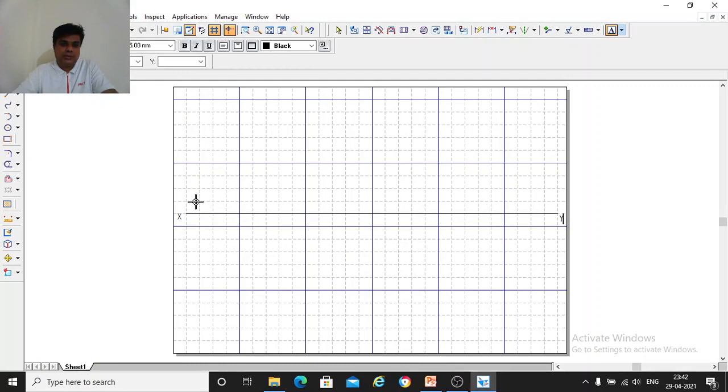Above this line it will be the vertical plane, and below this line it will all be the horizontal plane. So all the top views will be in the horizontal plane, and all the front views will be in the vertical plane, right? Anyway, we'll remove these lines for our clear understanding.